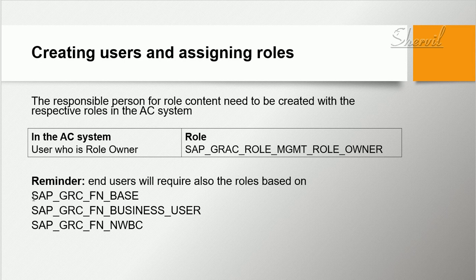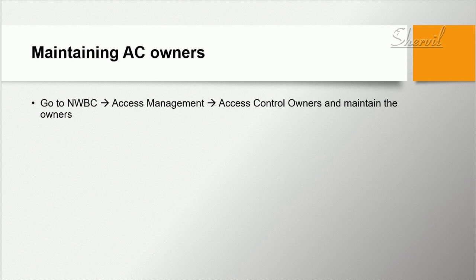Like we know, every GRC user will need these three roles by default, but from a role owner standpoint, you also need to assign this particular role, the GRC role management role owner role, to all role owners and approvers. Once that is done, you also need to define the role owners in access control. We'll see how to do that in a demo video too.